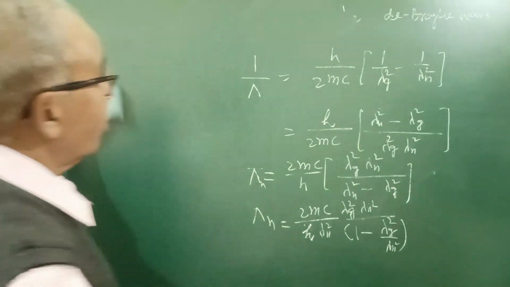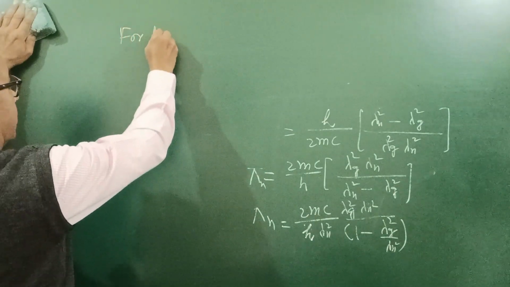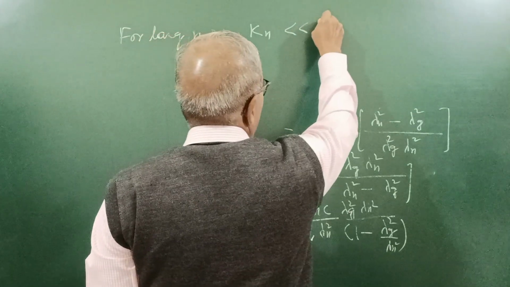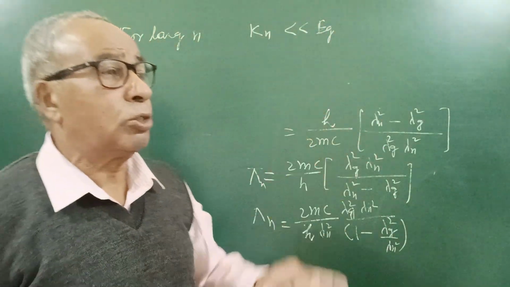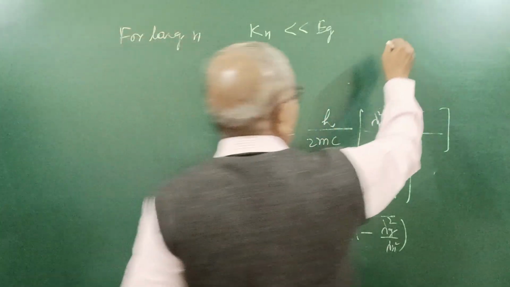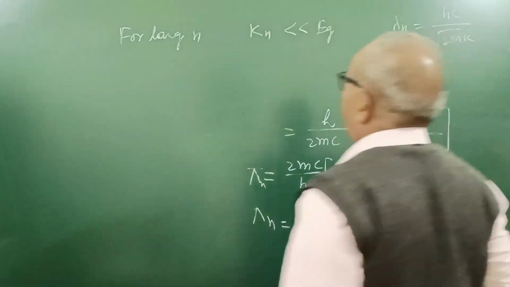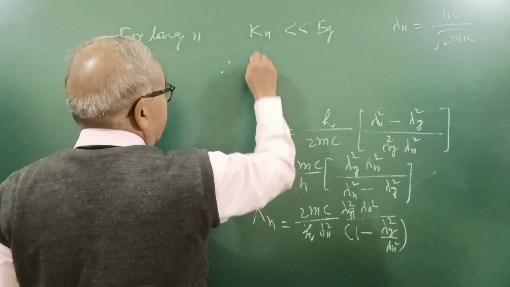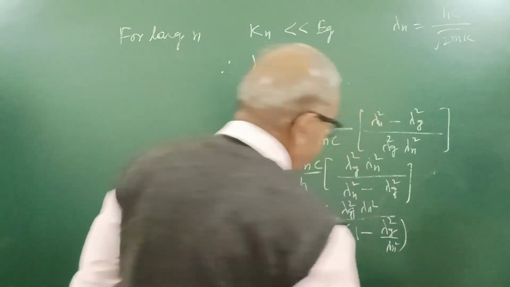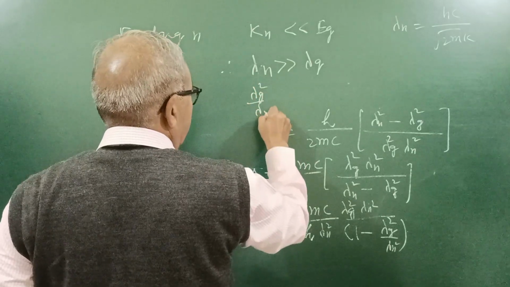For large n, modulus Kn is much less than Kg. The energy is minus 13.6 eV in the lower state, so in a higher state the kinetic energy will be less. So from the equation lambda n is equal to h upon under root 2mK, lambda n is much greater than lambda g, so lambda g square upon lambda n square is very much less than 1.